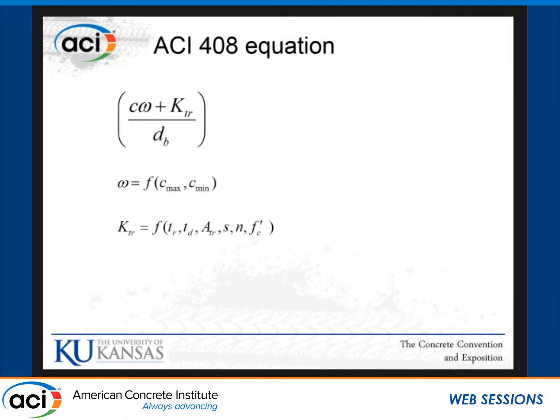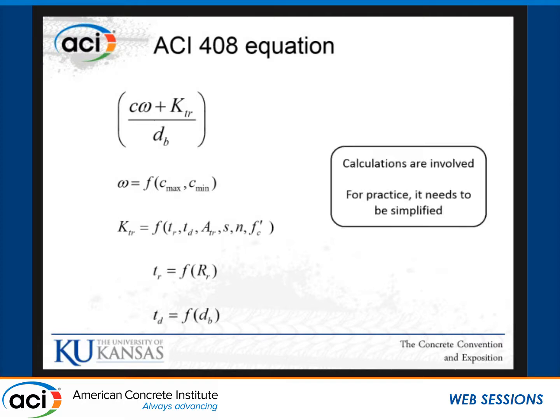The K_tr reinforcement index is a function of t_r, which is a function of relative rib area. t_d is a function of the diameter of the bar, area of transverse reinforcement, spacing between stirrups, number of hook bars, number of bars being developed, and concrete compressive strength. That's telling us that calculations are involved in this equation, and for practice, this equation needs to be simplified.